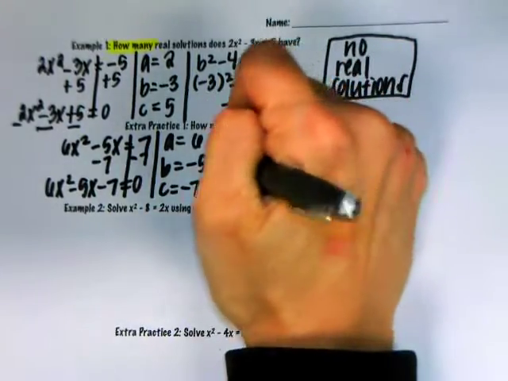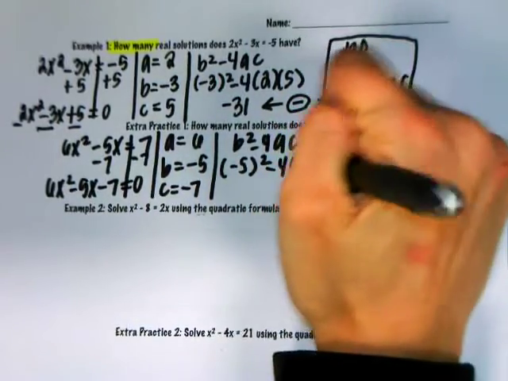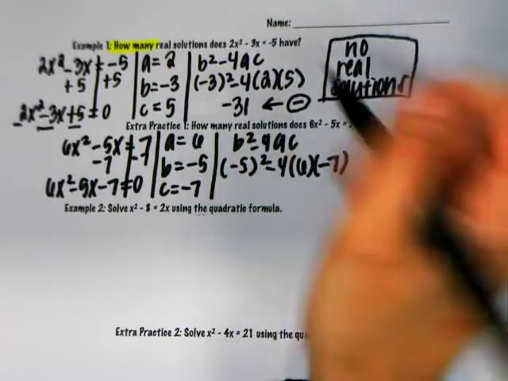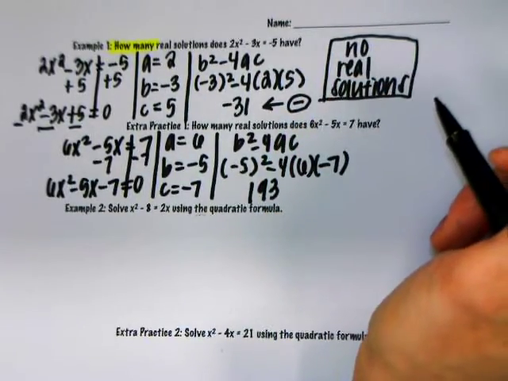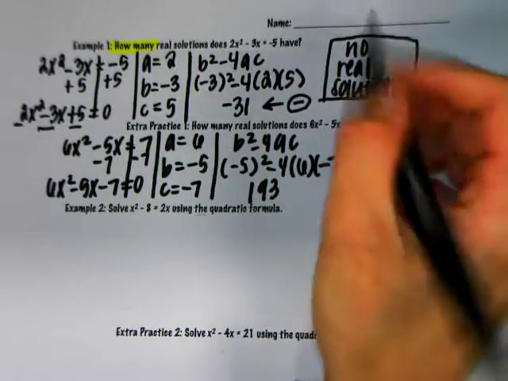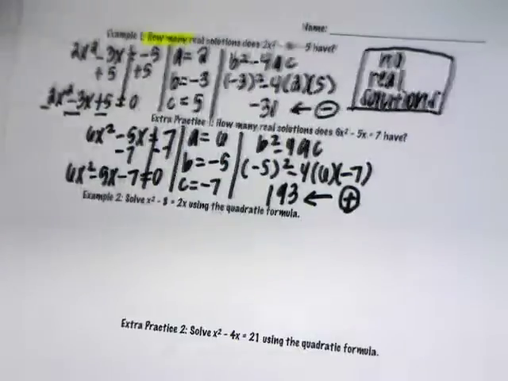So you should be doing negative 5 squared minus 4 times 6 times negative 7. And what'd you guys get? 193, yep. Does that mean 193 solutions? No. All we care about is that it's positive. So how many real solutions is that?